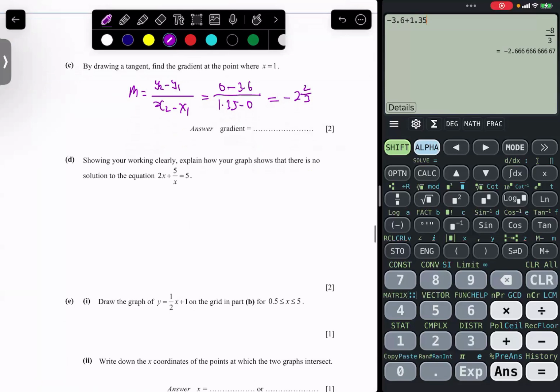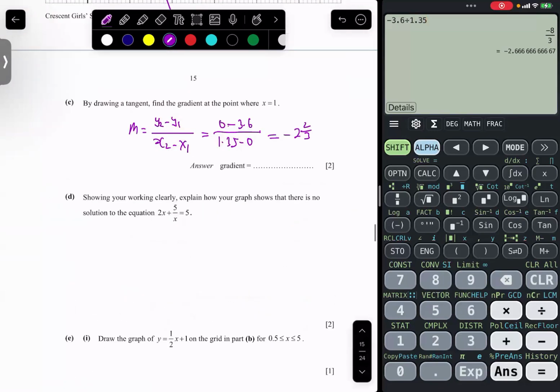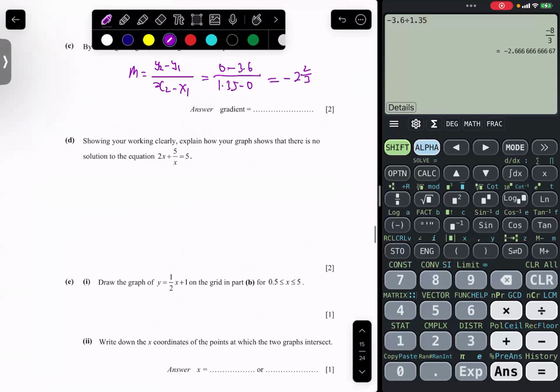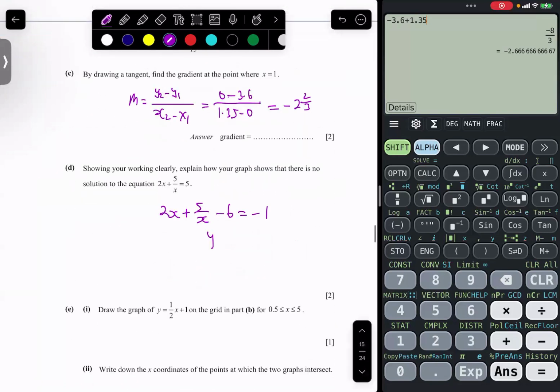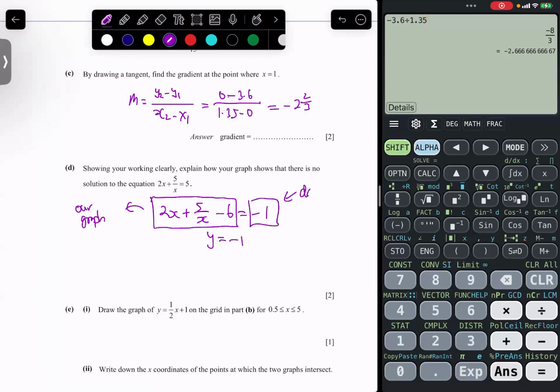Okay. Show your working clearly. Explain how your graph shows that there is no solution to the equation 2x plus 5 over x equals 5. Okay, so you will have 2x plus 5 over x minus 6 equals negative 1. So then we have to draw y equals negative 1. Remember, okay, we have to make our left-hand side to be our graph, and then we draw our right-hand side.